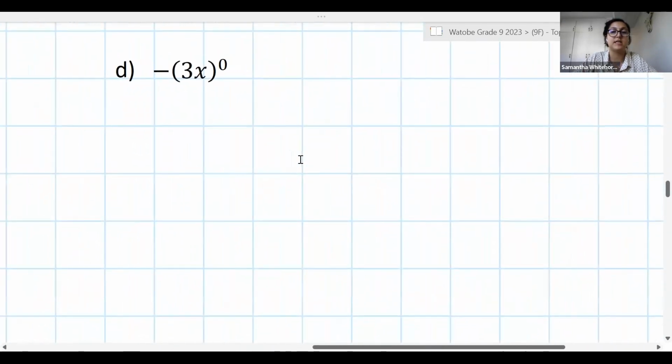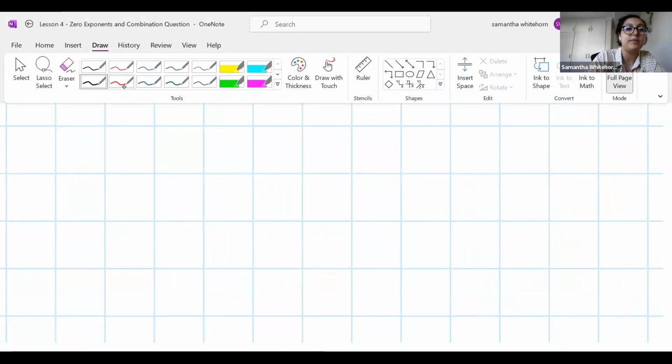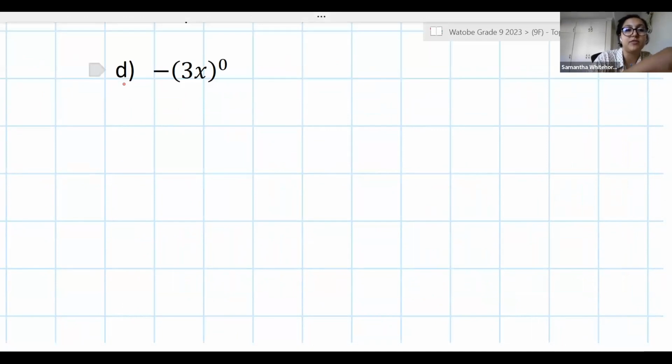Right, so let's have a look at D. I'm going to let you try this by yourself, but what I do want to say is that remember, whenever you have a negative in front of a bracket, what you actually have there is a ghost 1 in front of the bracket. So technically what we have here is negative 1 times bracket 3x to the power 0.